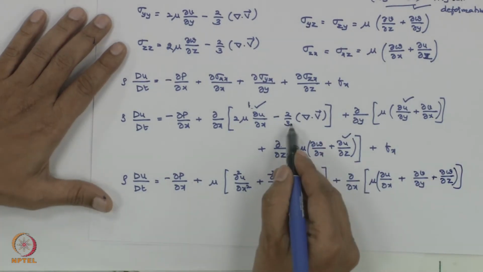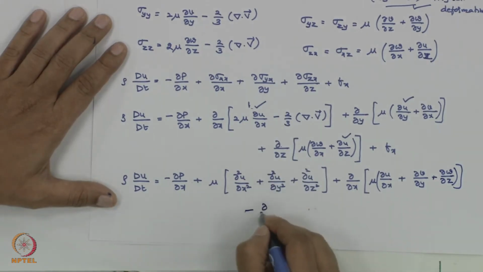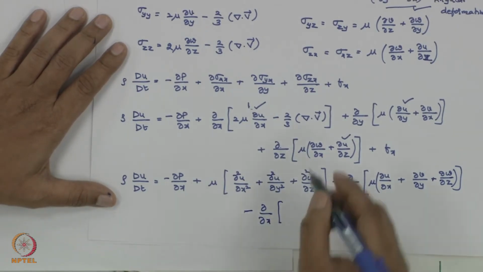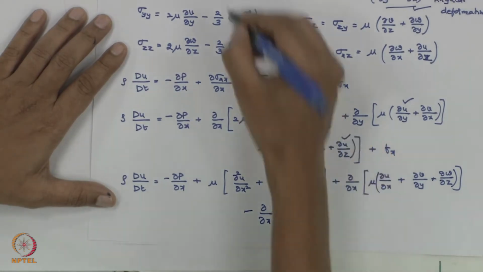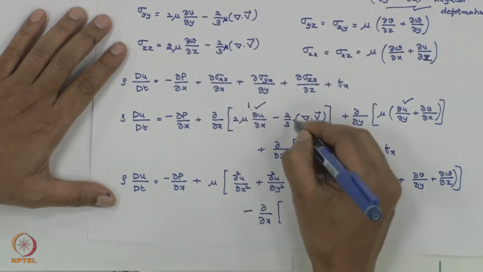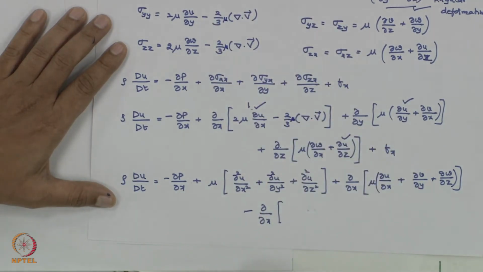What is left out now? Minus of del by del x of, here actually I have missed out mu, please write down, I am sorry about that, so mu is here.